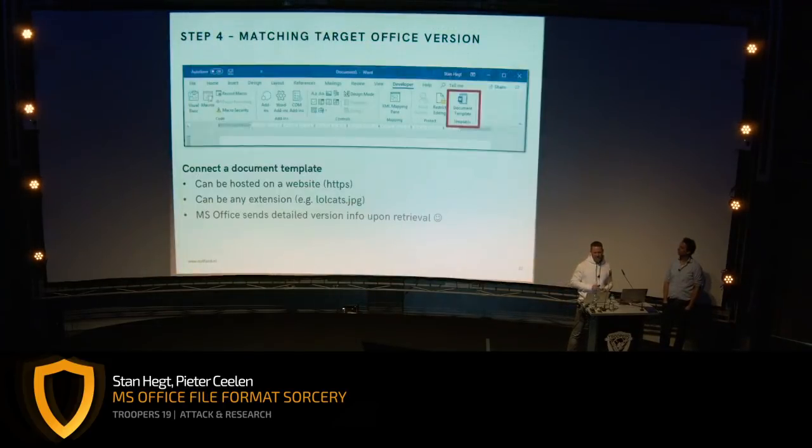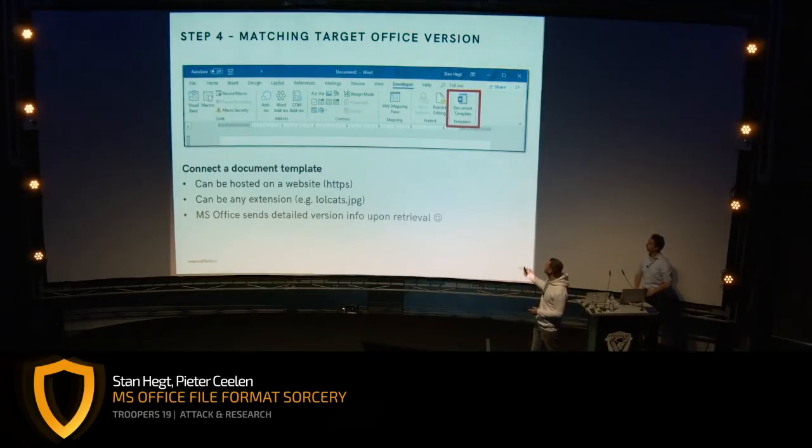So then the last question is, how do we match the target Office version when we are going to weaponize this? Well, fortunately, Office itself tells you which exact version it is. And you can get that exact version by using document templates.